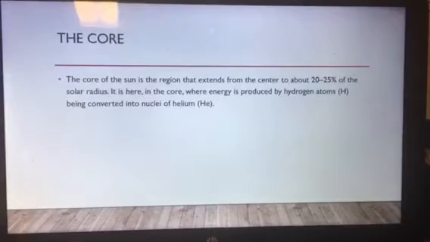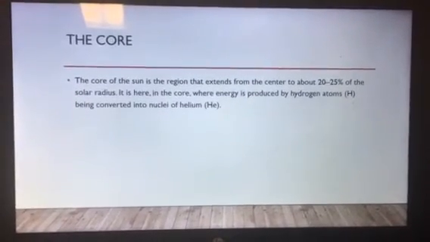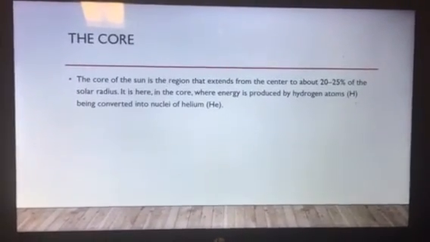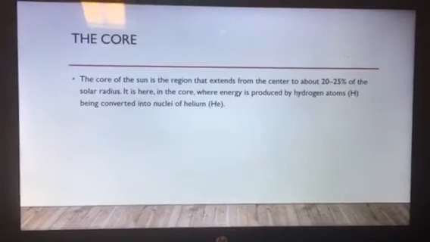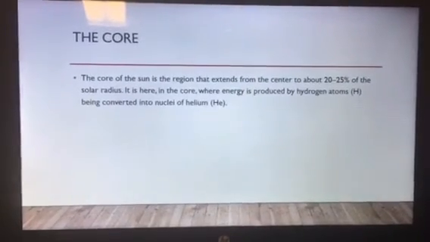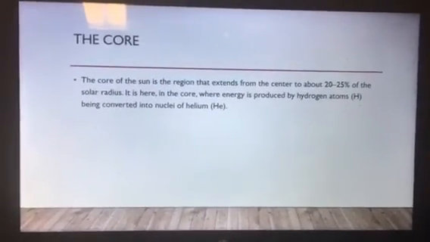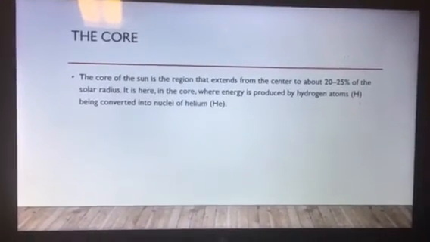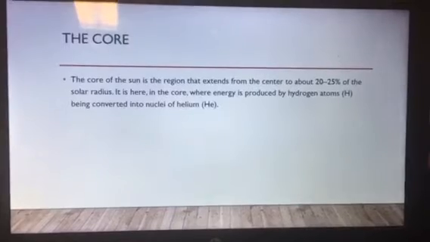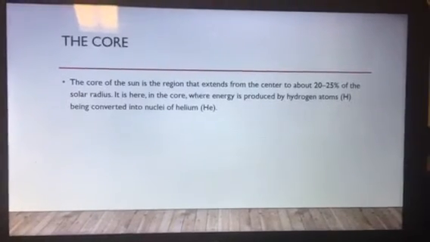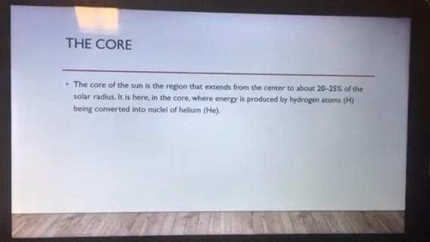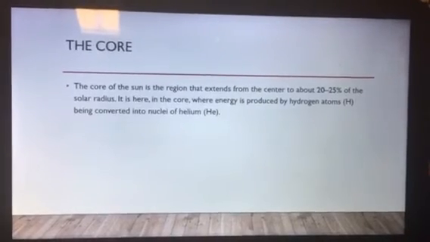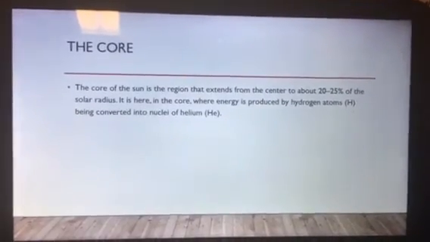It's like, say for instance, the heart of the sun. Like humans, our heart is our core. The heart is our core, and it is what everything else comes from. So basically, the core is what is needed to start the explanation of the sun.